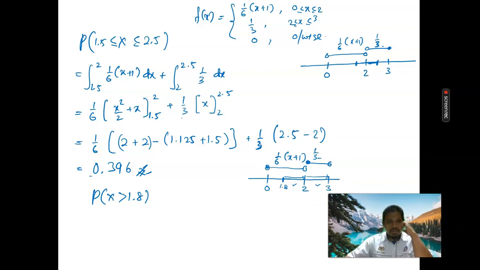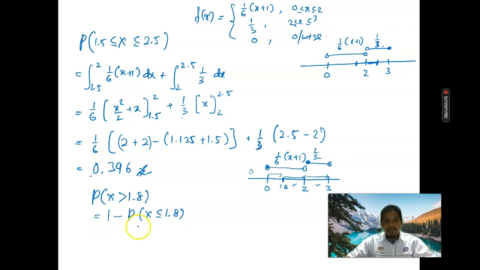But class, rather than integrating these two functions with these two domains, why don't we just integrate from negative infinity until 0, where it is 0, and from 0 until 1.8, and then we come up with 1 minus the probability of x less than or equal to 1.8.